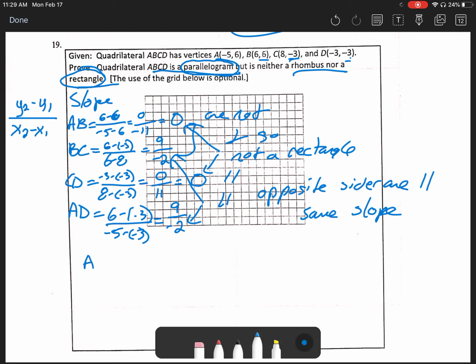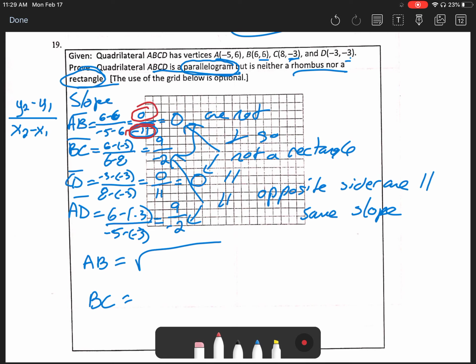So for the next thing, we're going to do distance formula. I'm going to do the distance from A to B, and the distance from B to C. If you remember, your slope will tell you that my distance between my x's is negative 11, and my distance between my y's is 0.